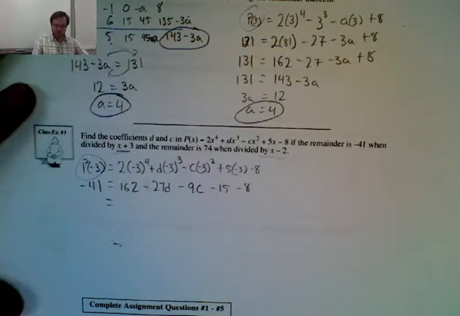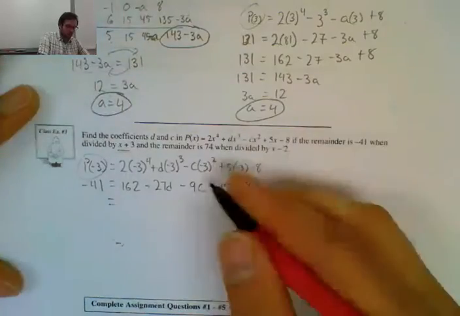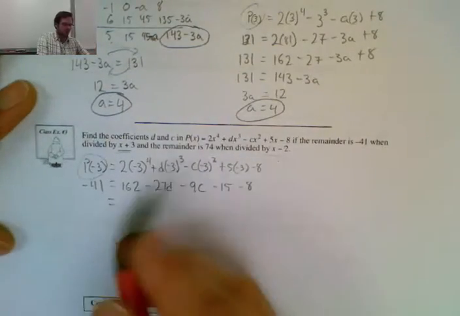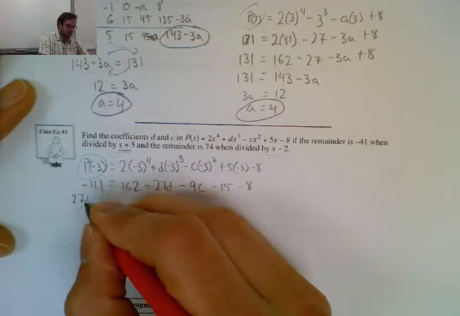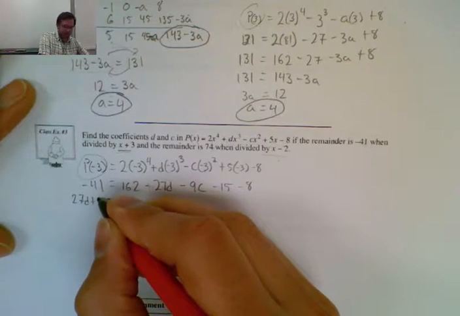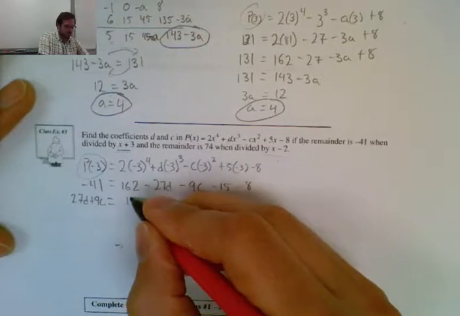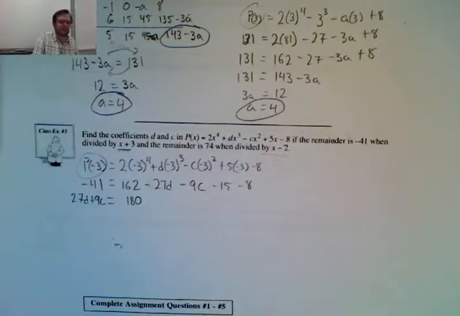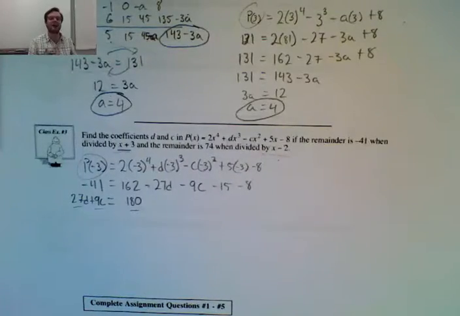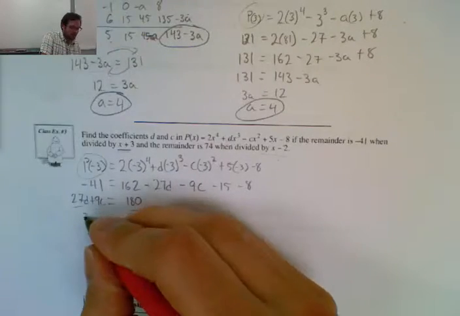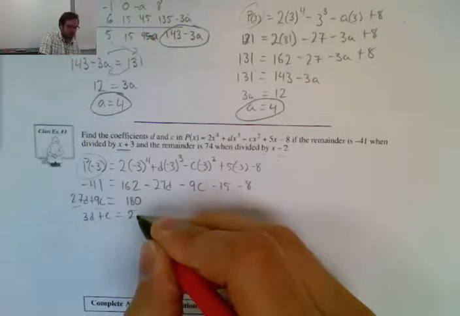Okay, so I'm going to keep on solving this here. And I'm going to end up moving all my variables to my left side of the equation, I'm going to get 27d plus 9c is equal to 180. Now looking at this, I could simplify this a bit more. I could divide everything here by 9. So that's going to end up giving me 3d plus c is equal to 20.